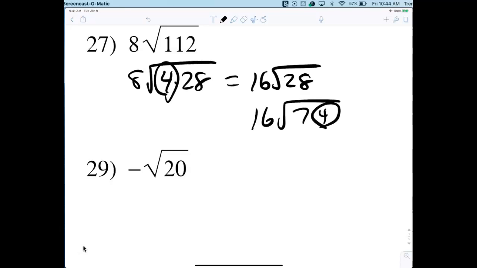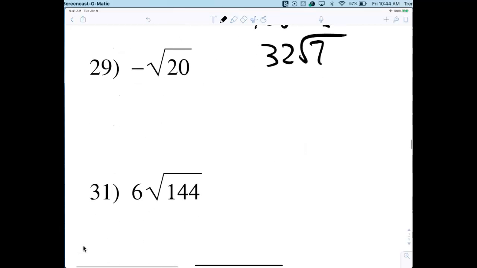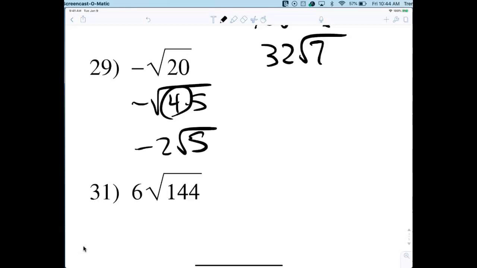Square root of 4. Now, I shouldn't have to say what 2 times 16 is. 32. That's like the fifth time we've done it now. 32 radical 7. Uh-oh. 20 is what? 4 and 5. What's the square root of 4? Negative out in front. Negative 2 radical 5.